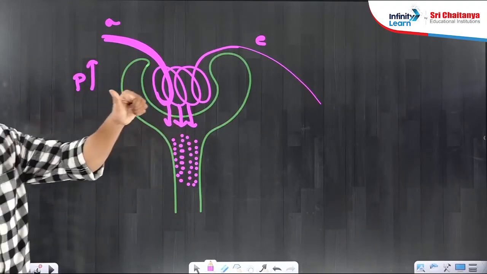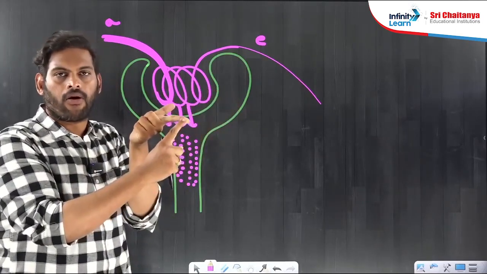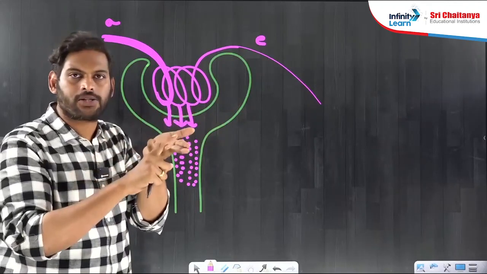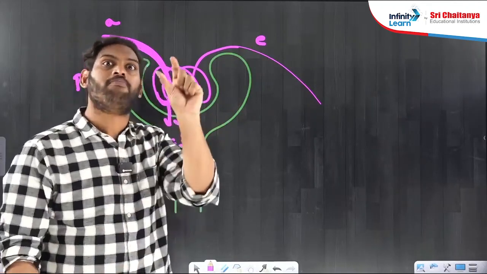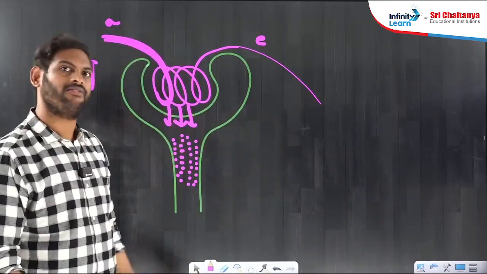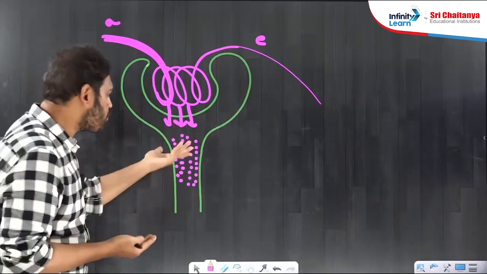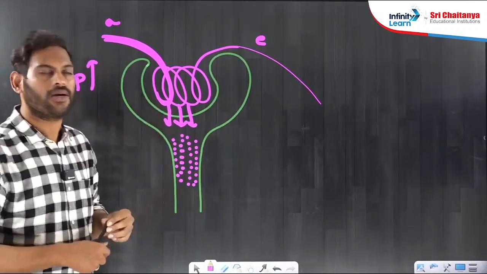Guys, large proteins, RBC or any cell or platelets, as they're very big, will not cross Bowman's capsule, they will stay in blood itself. But what can cross Bowman's capsule and come into PCT, renal tubules?